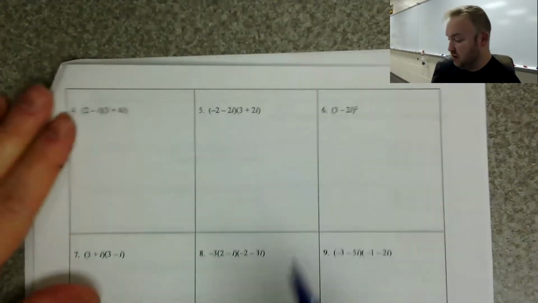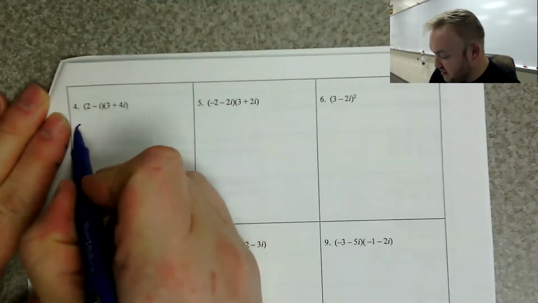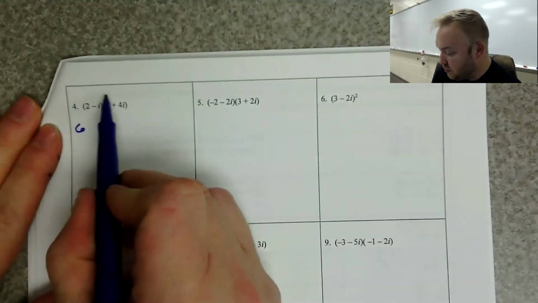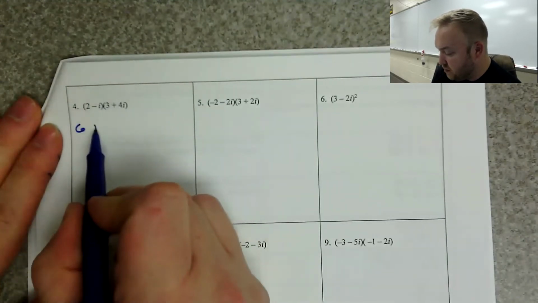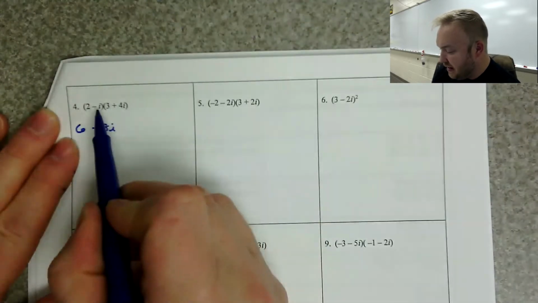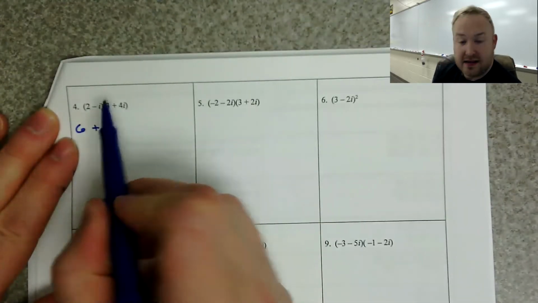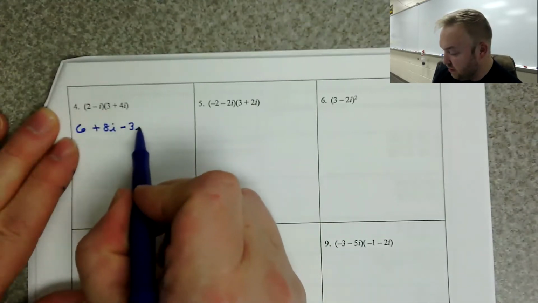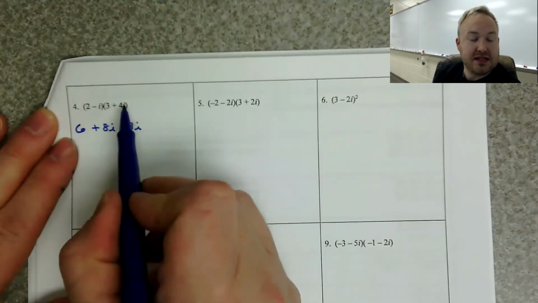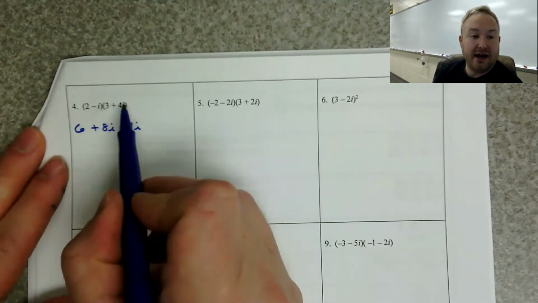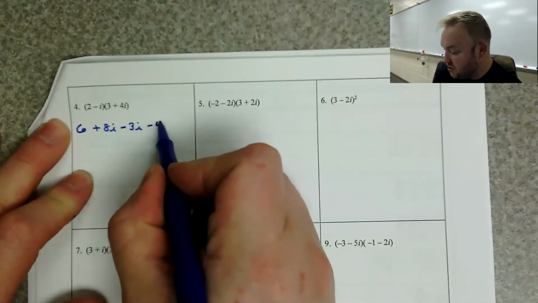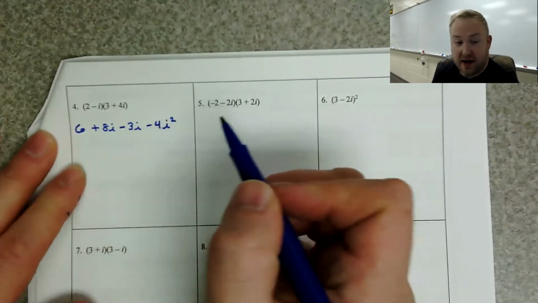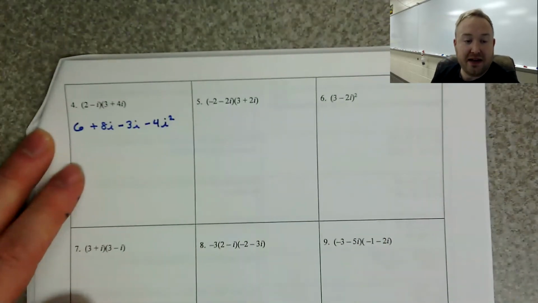So 2 times 3 is 6. My outer product would be 2 times 4i, which is 8i. My inner product is -i times 3, which is -3i. And then last times last here is -i times 4i, which is -4i squared. And we're going to talk about that i squared in a second.